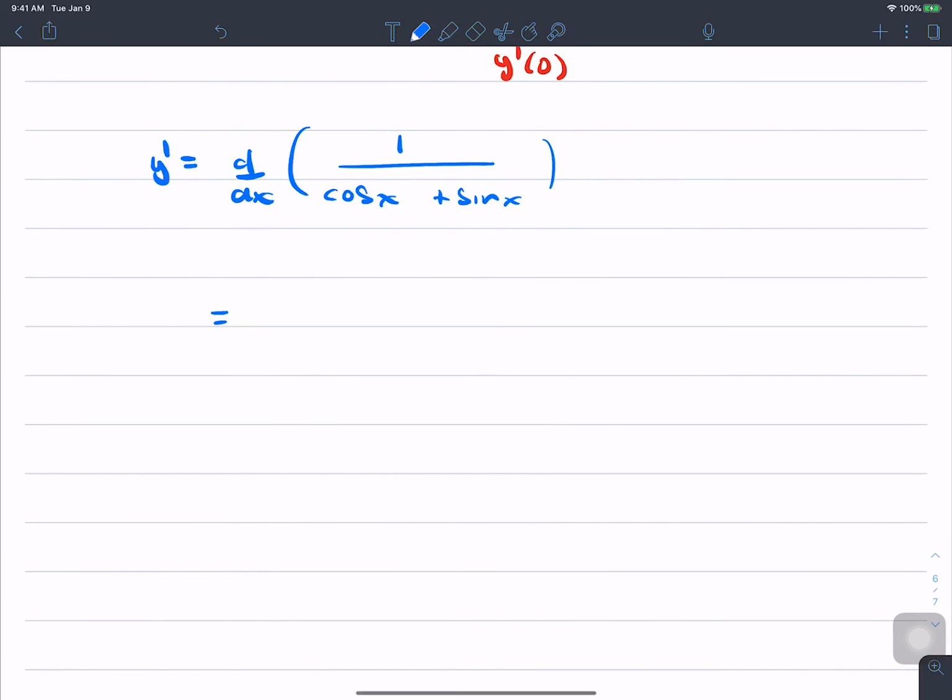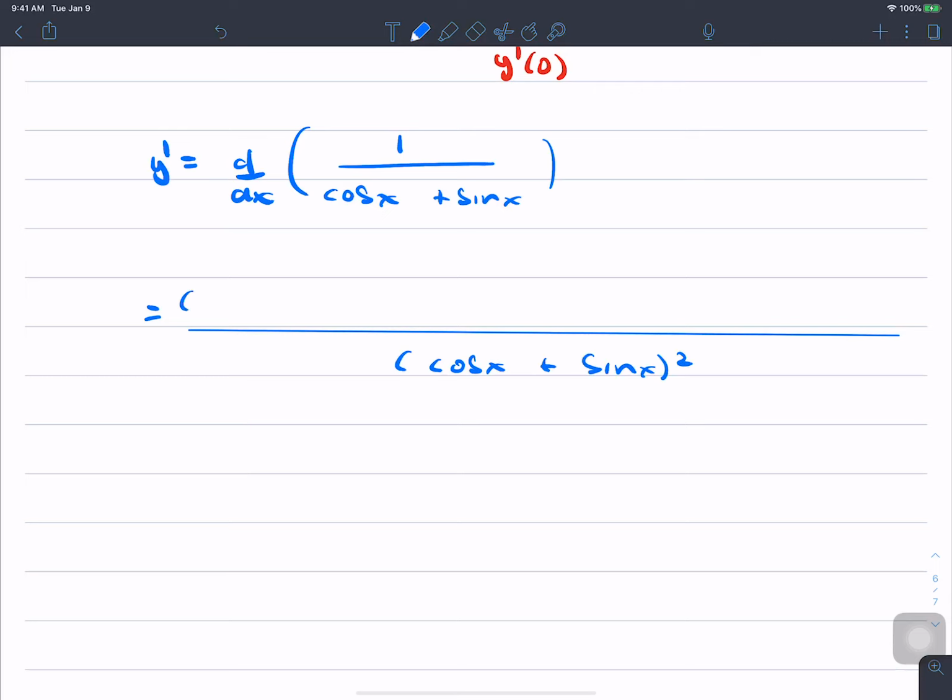And quotient rule. I'm going to start way out here, just in case. You square the denominator, and differentiate the numerator, minus the numerator times the derivative of the denominator.